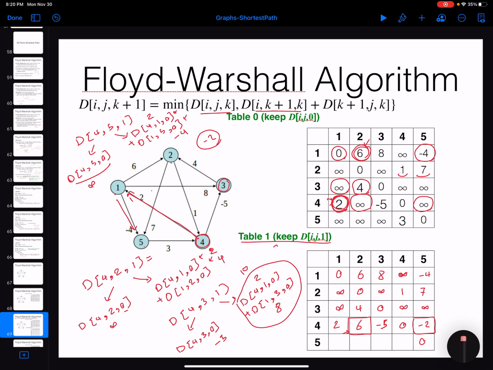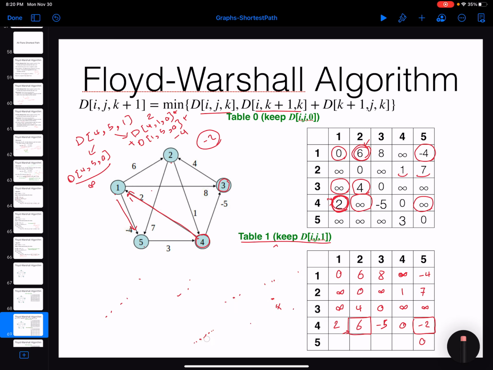5 to 1. So let me actually just clean a little bit here. So from this is basically going to be d of 5 and 1 and 0, which is infinite, d of 5, 1 and 0 plus d of 1 and 1 and 0.